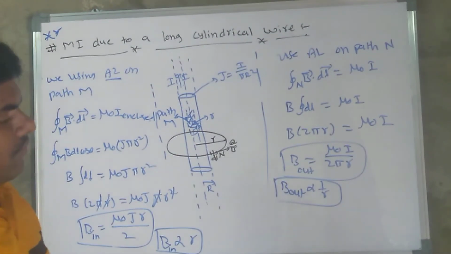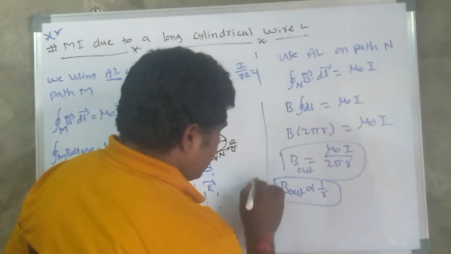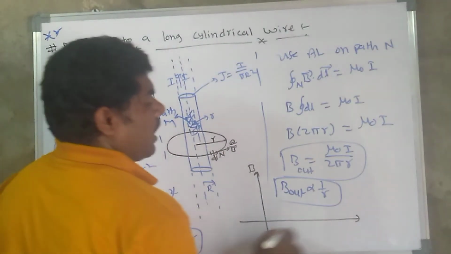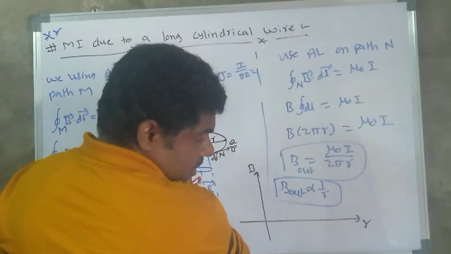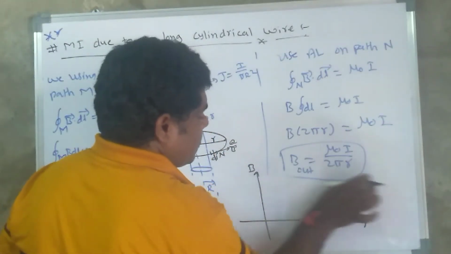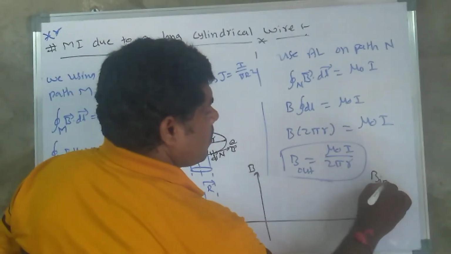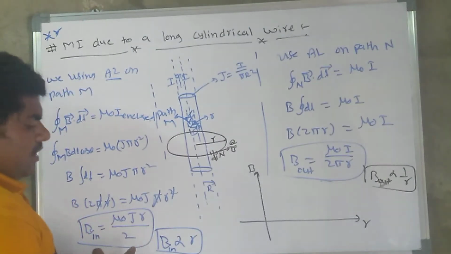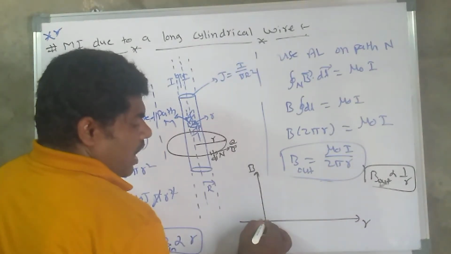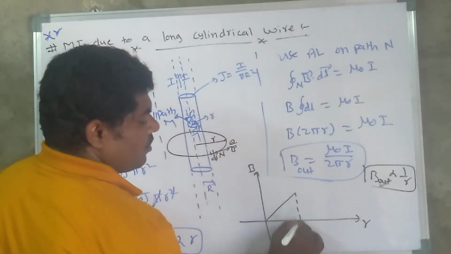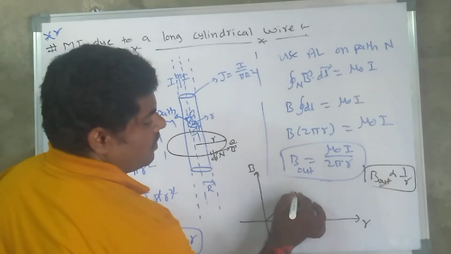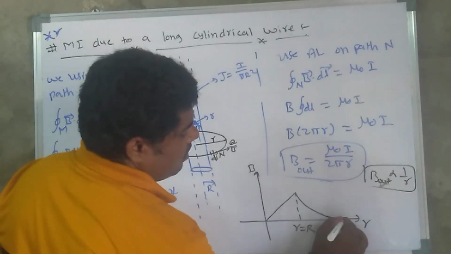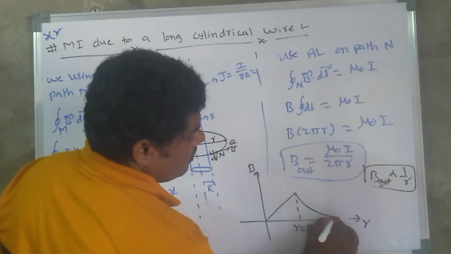Let us take a graph, with magnetic field B on the y axis and r on the x axis. Inside, B increases with r up to r equal to capital R. After that the magnetic field decreases, looking like a rectangular hyperbola, like this.